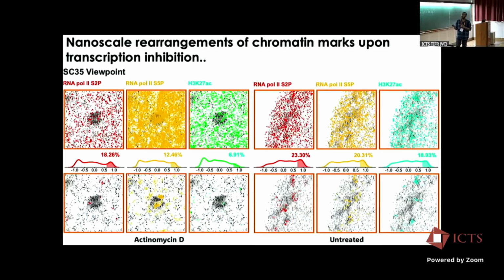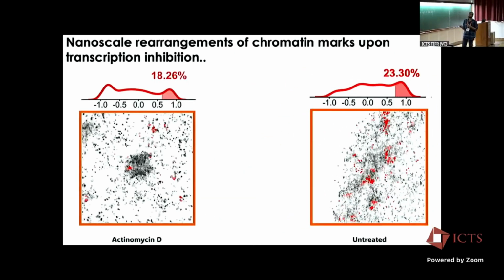Additionally, all these three targets have a higher degree of negative correlation with the speckles when compared to the untreated cell, where you have mostly highly positively correlated localizations. So this brings us to this particular image, where you can see the speckles carrying RNA polymerase 2 marks, which is one of the reasons why you have a higher positive correlation. But the moment you inhibit transcription, the speckles barely carry any localizations from elongating RNA polymerase, resulting in this high negative correlation.